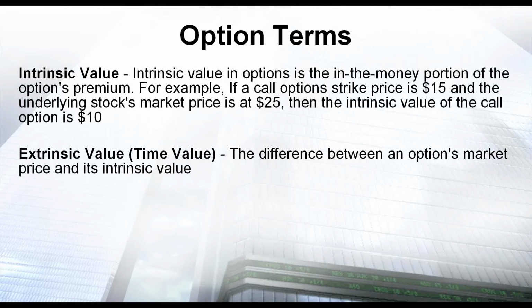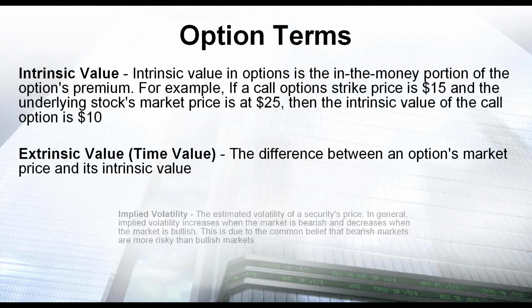Okay? If the actual price of the call is 18, then your time value or the extrinsic value is the other $8 of that cost. In other words, the further out your expiry date is, the higher your extrinsic value or time value will be. Okay, the greater the portion of that overall cost of the call or the put it will be.